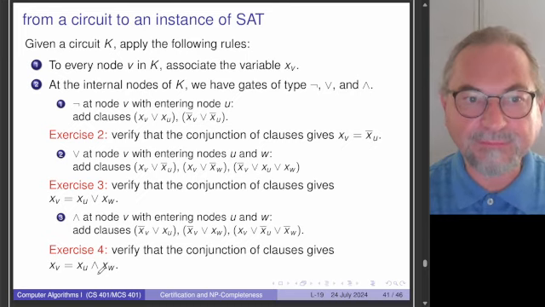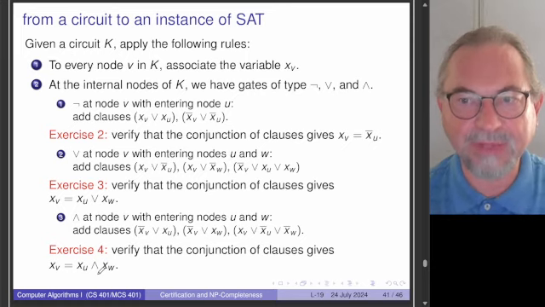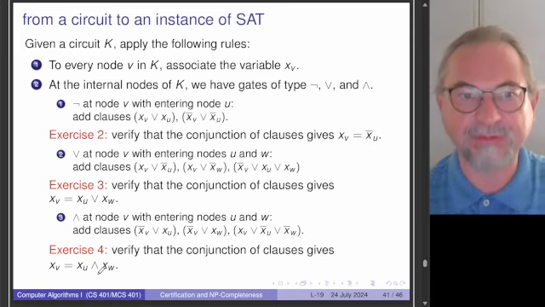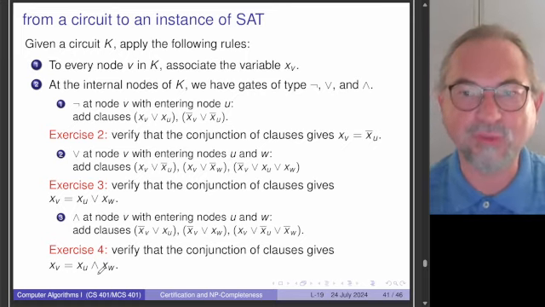At the internal nodes, we have three different types of gates. So if we have a NOT gate, we will add clauses. So there is one node that enters. We will add the clauses at the node that enters with the NOT. We will add these two clauses.